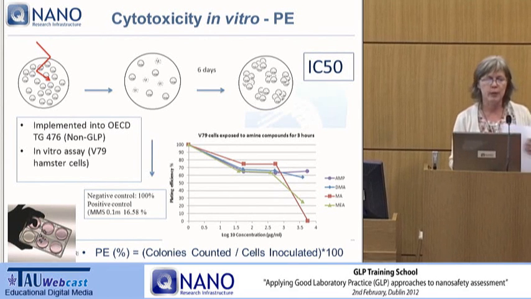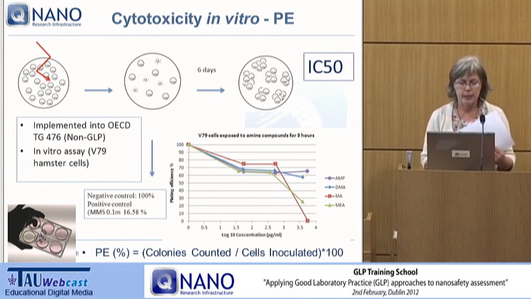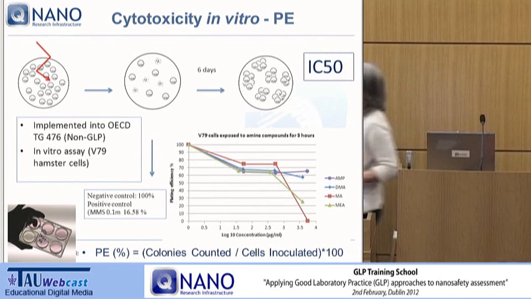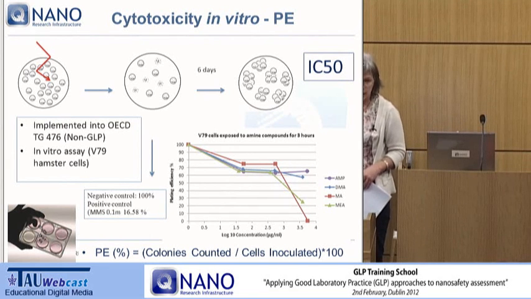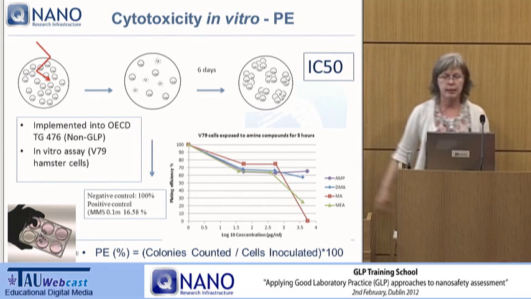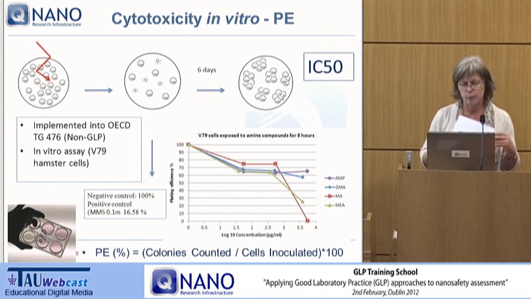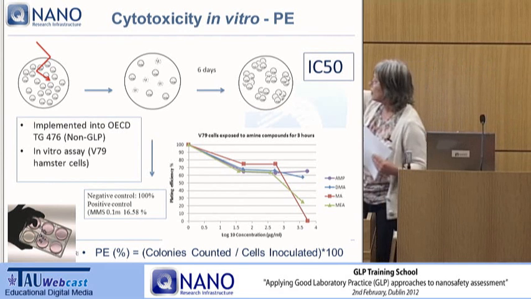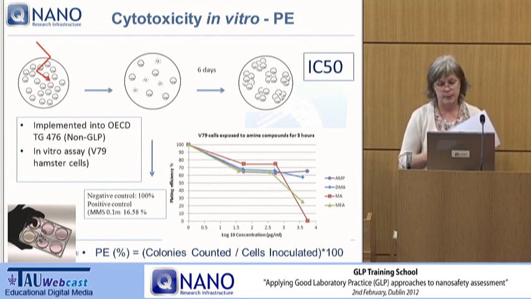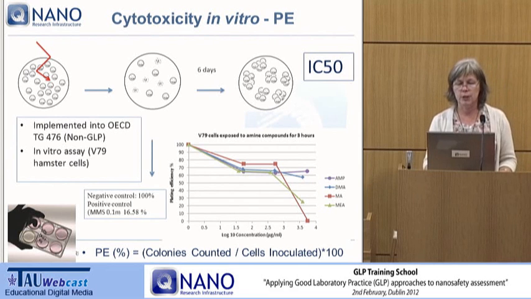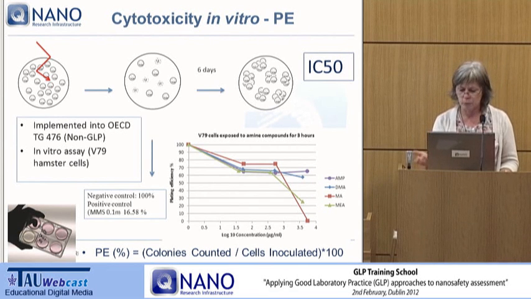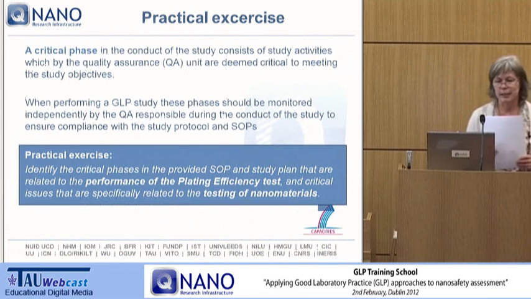This is the colony forming or plating efficiency assay, and we can calculate simply the percentage: number of colonies against cells inoculated times 100, so it's the percentage of plating efficiency. And we can calculate the IC50, the concentration which induces 50% of death.